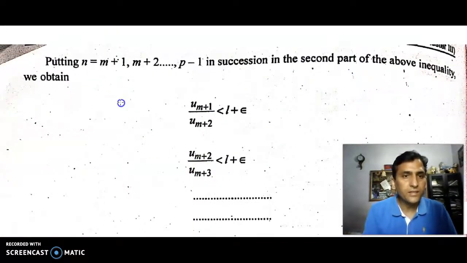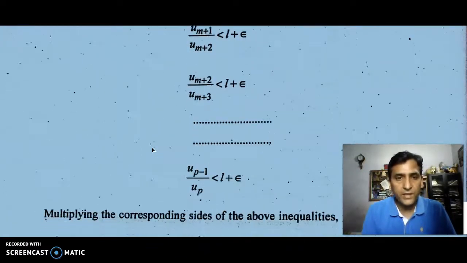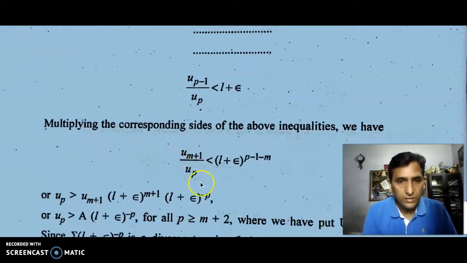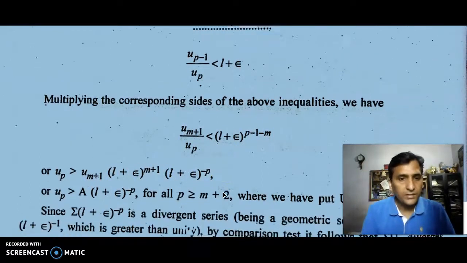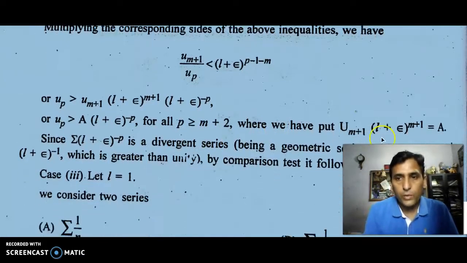Again I multiply these inequalities as before, and from here I do some cross multiplication. I get up greater than um plus 1 times the ratio, and I take um plus 1 equal to some finite number A, because they are positive terms.